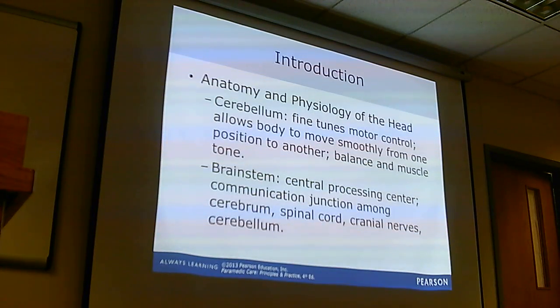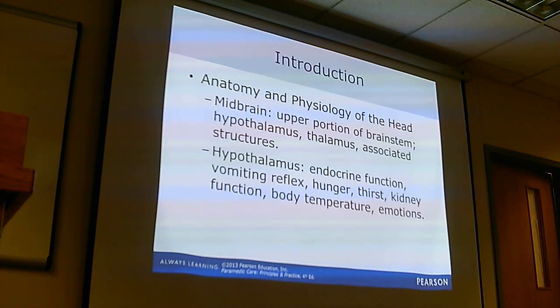But basically your cerebellum is going to be your fine motor control. Your brainstem is going to be your mammalian center. It basically is going to process most of your communication. Your midbrain and your hypothalamus are down in those same locations on the anterior aspect of the spinal cord, back into this area, but inside.